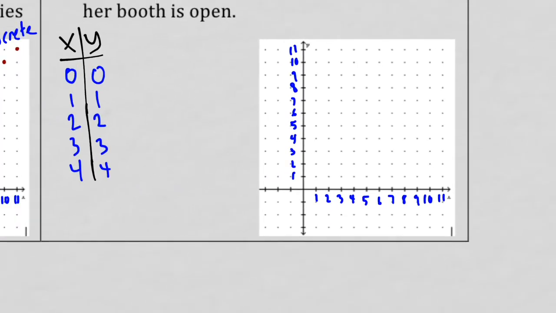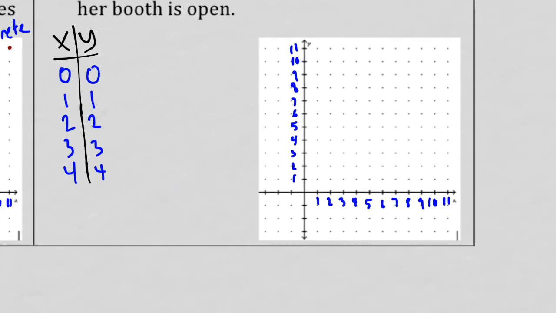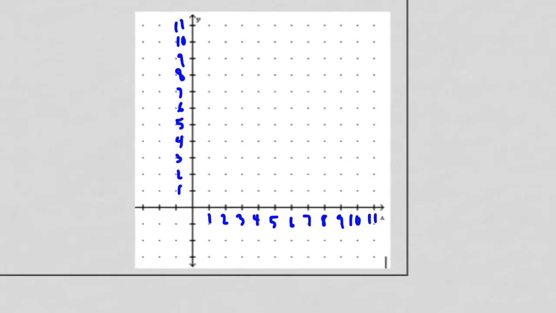So by looking at the table, I can see that they basically match, right? 0, 0, 1, 1, 2, 2, and so on. So I need to plot the points. 0, 0 means 0 hours, $0. 1, 1 means 1 hour, $1, and so on. 3, 3, 4, 4, 5, 5, 6, 6, 7, 7, 8, 8, 9, 9, 10, 10, 11, 11.